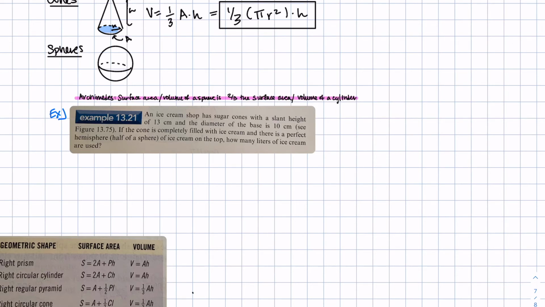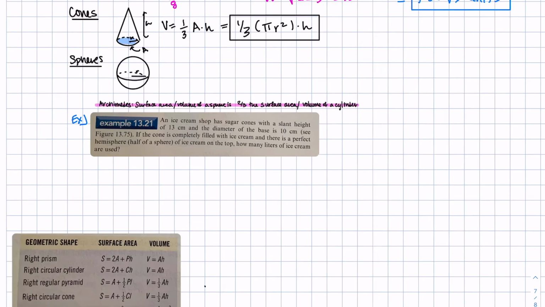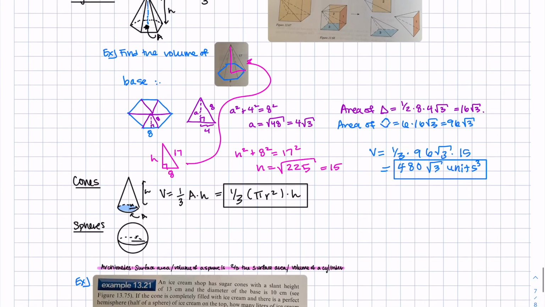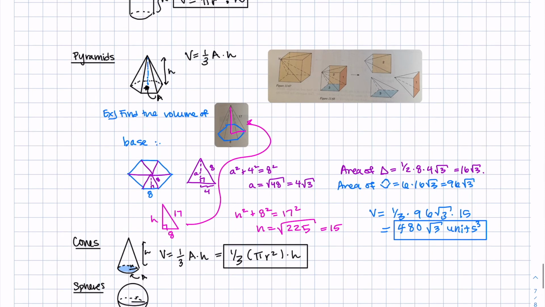And so what we need is just the radius of our sphere. And then we can use the volume formula of the cylinder, and it should be just 2/3 of that.